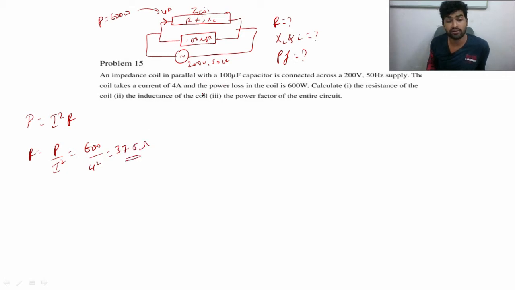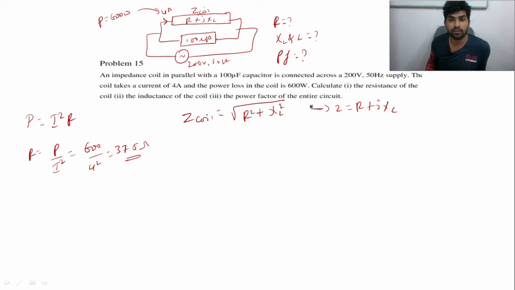Next, how to calculate the L value? I mean the XL value. Z coil is equal to root of R square plus XL square, since Z is equal to R plus jXL and I converted it into modulus.